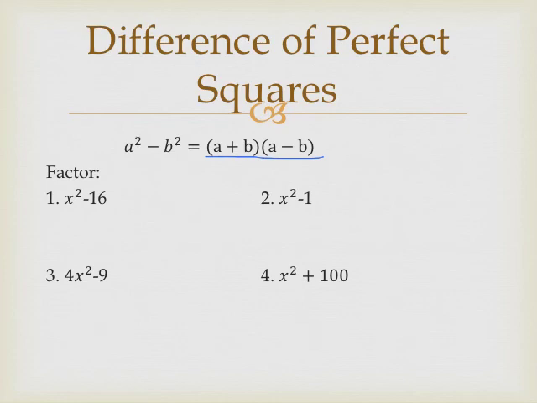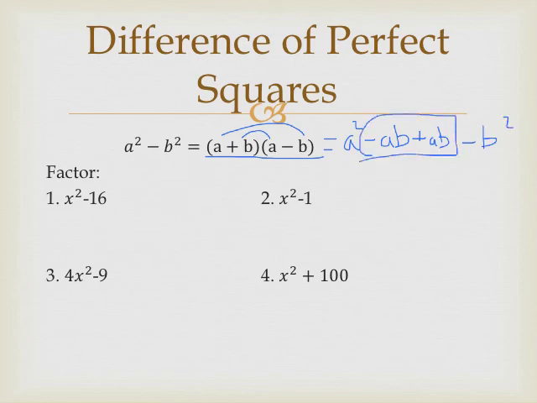When you distribute this, you get a times a, which is a squared. You get a times negative b, which is minus ab. You get b times a, which is positive ab. And then b times negative b is negative b squared. So no matter what it looks like, these middle terms will always, always, always add to 0.